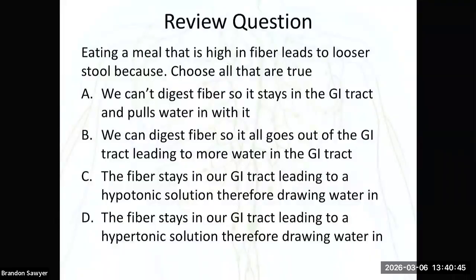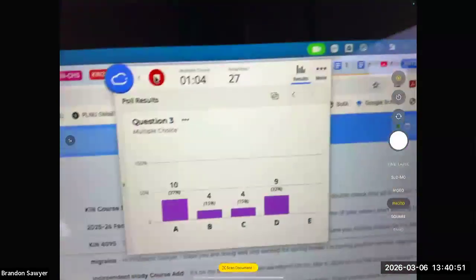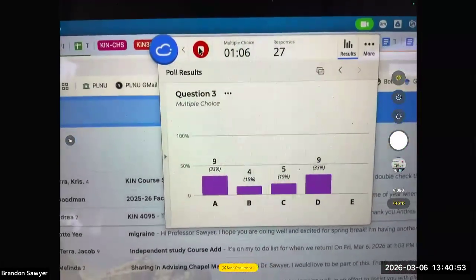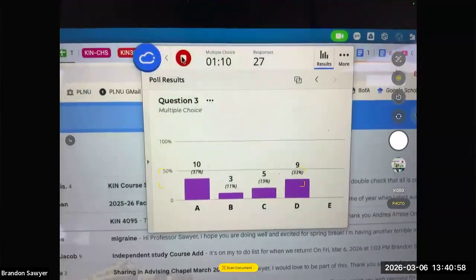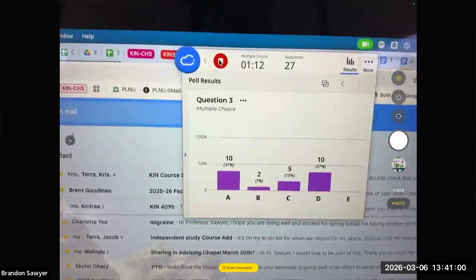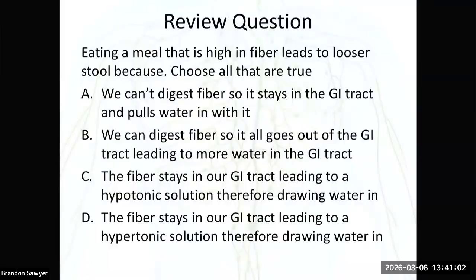All right. Go ahead and send it in if you haven't yet. This one we're a little more spread out on. Maybe double check with your teammates here on this one. Double check with the people around you. Try to convince them of your answer. We're kind of all over the place there. Let's try again. Change it if you need to.